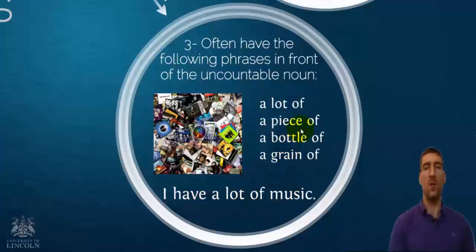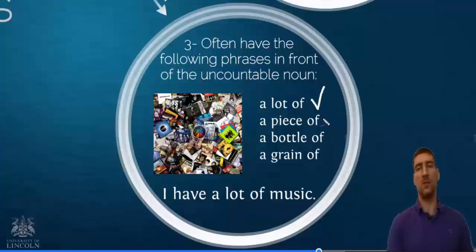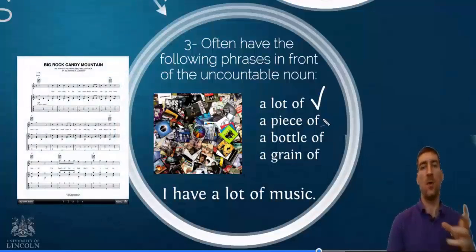Now be careful with which nouns you use with these phrases, because some work and some don't. So we could use, obviously, a lot of music, that's fine. A piece of music, you might not have heard this phrase used very often, but if you had a written form, notation, something a musician would read to play music, then you could have a piece of music.